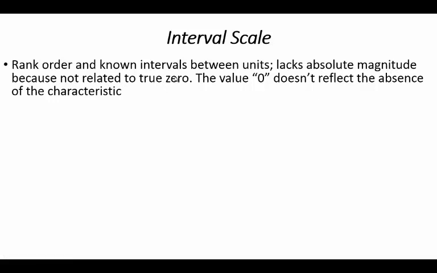So a true zero, we all know what a true zero is. A true zero means nothing, means absence of the criteria. So if I have zero memory on my computer, it means I don't have any memory on the computer. So an absolute zero, we all know, means nothing.